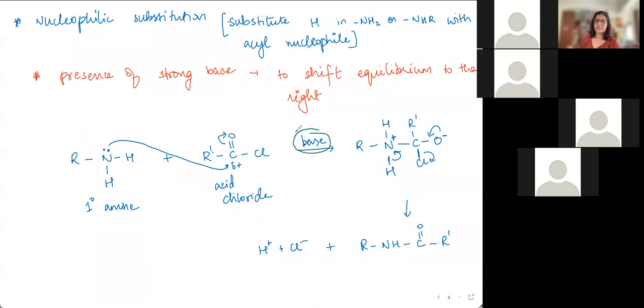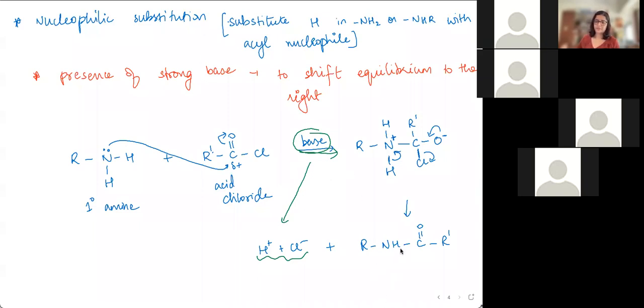In the presence of the strong base, the base is required to take away the HCl that is formed. That makes the equilibrium shift to the right so that the reaction can proceed.